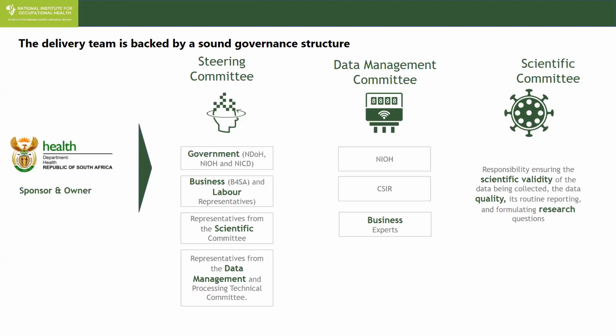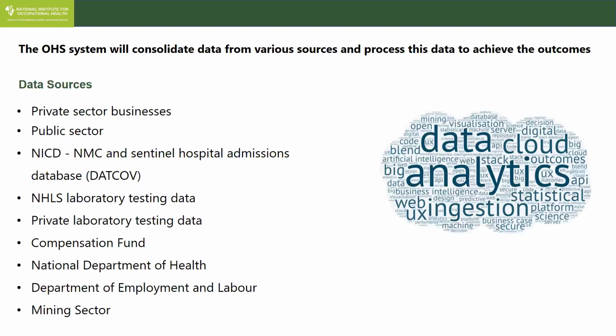We then have a data management committee, made up of the team from NIH, CSR, and business experts that assist us with the actual database and developing the dashboards, etc. And we have a scientific committee that looks at the data quality that we are receiving and will produce reports and advise on the information that should be going out to the public and the stakeholders, particularly the businesses.